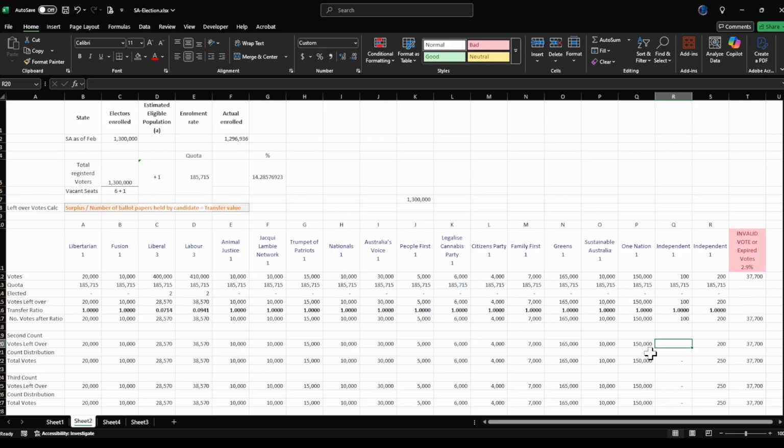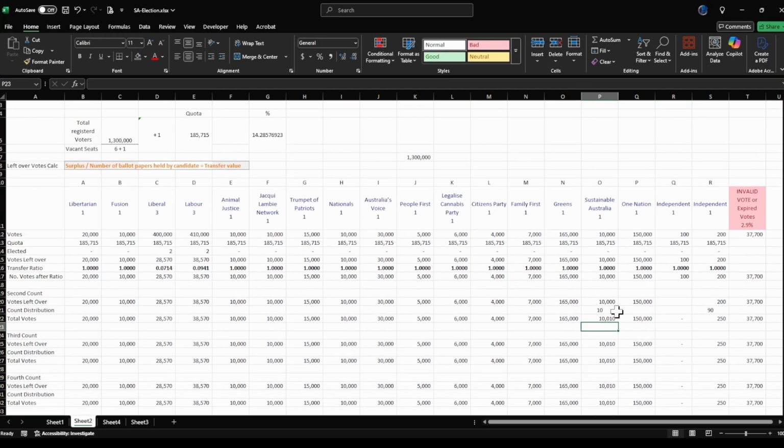Let's say for our situation, the second preference of those 100 is 90 to this party, or to this person, and let's say 10 went to that person. Now we can see nobody has got quota again. We still do not have that 185,000 plus on any of these boxes.